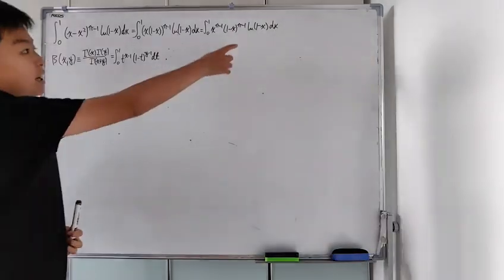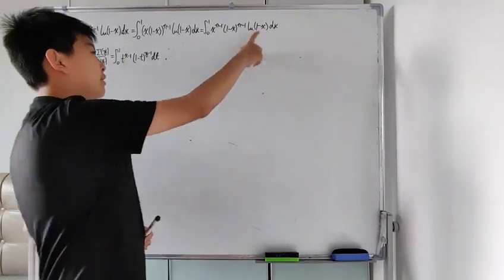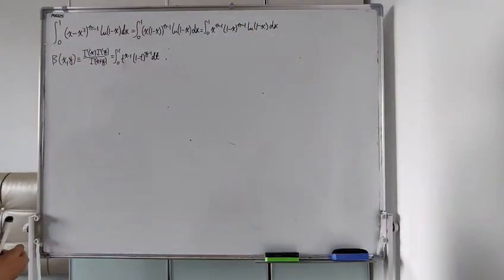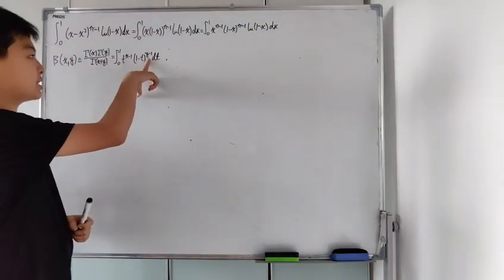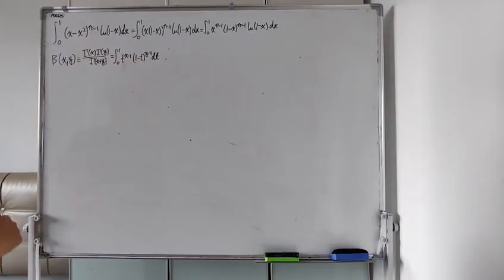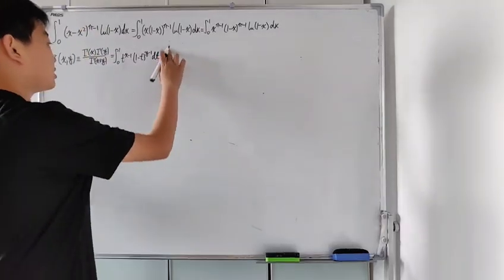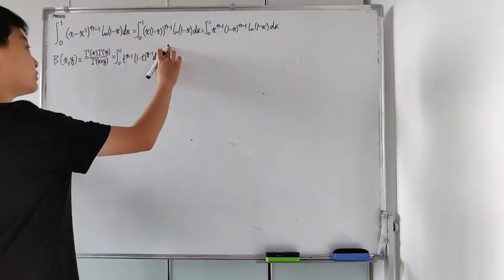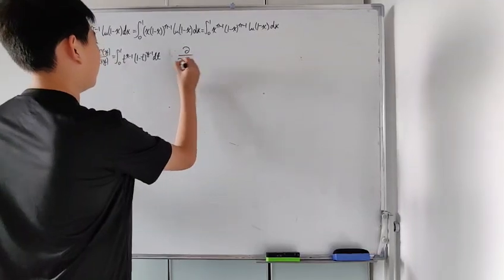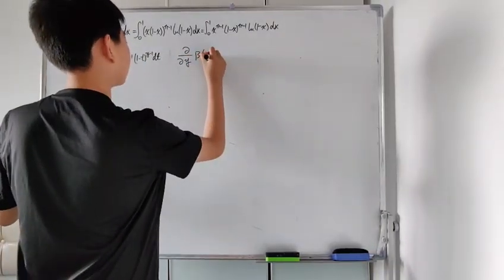Since we have 1 minus t as the base over here, and we have 1 minus x as the input of the natural logarithm, we're going to differentiate with respect to the exponent, which is y. Well, y minus 1, but that doesn't really count. So we're going to partially differentiate the beta function with respect to y.